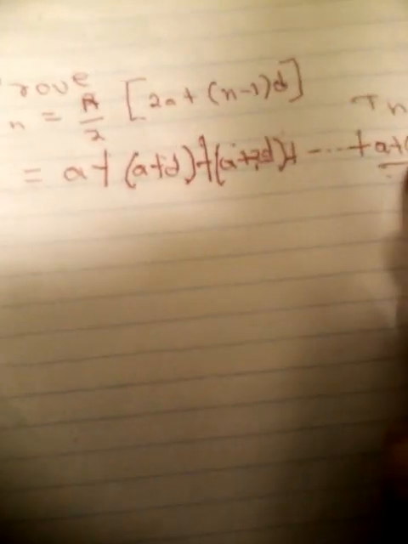So when you add all of this, you get the sum of this arithmetic sequence formula. But we have to show how we get that formula. So Sn is equal to, you start with the last term and come back up until the first term.